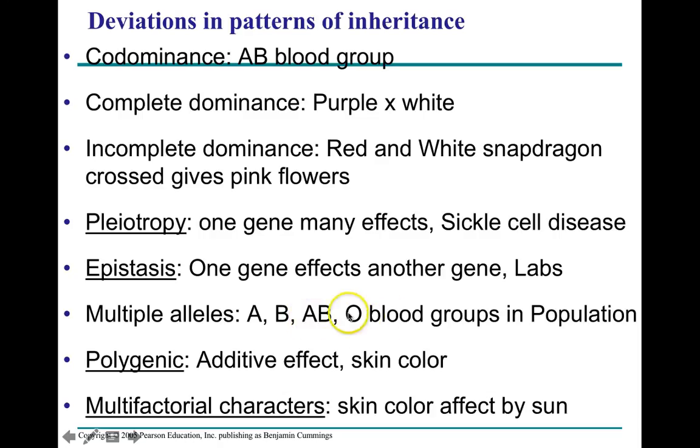So for a person to have O blood group, that person should be missing A and also missing B. So only when the alleles are big O, then the person would have blood group O.